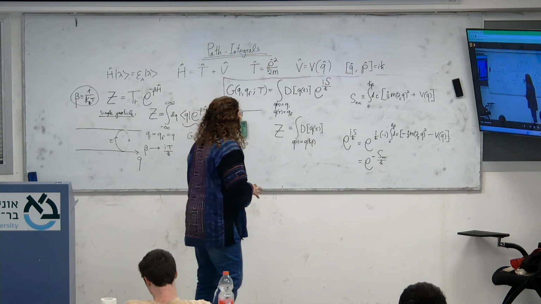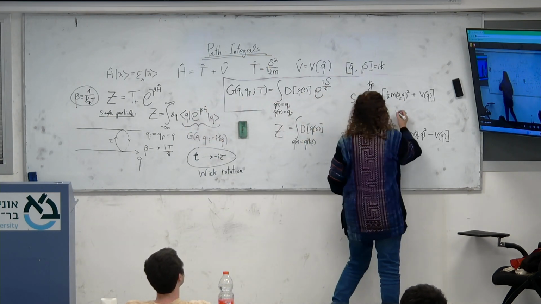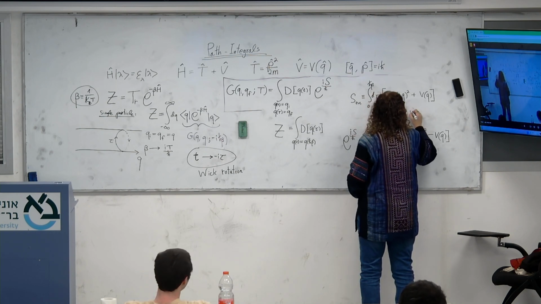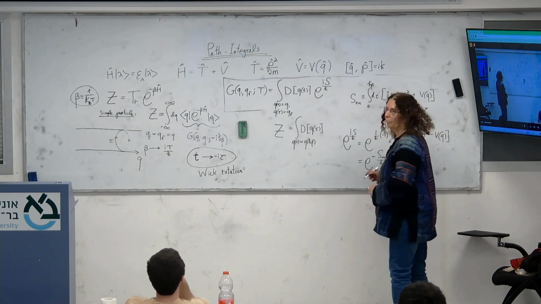The Euclidean action is kinetic plus potential.